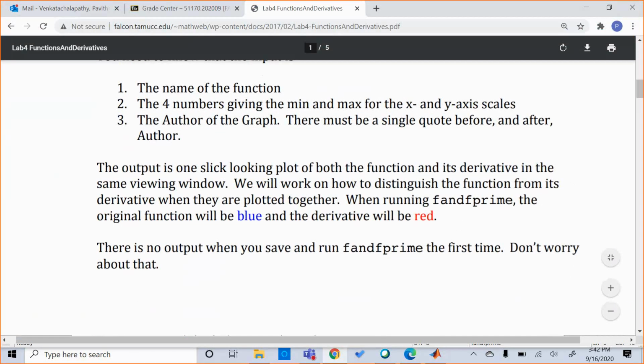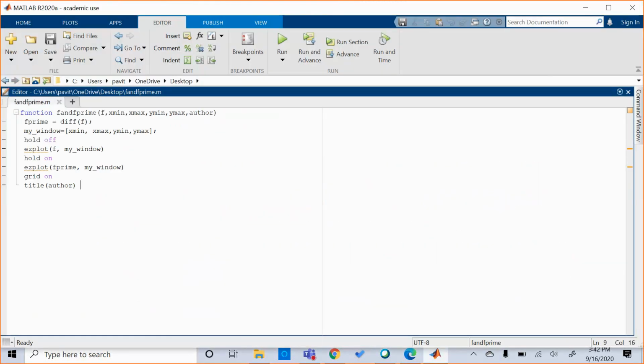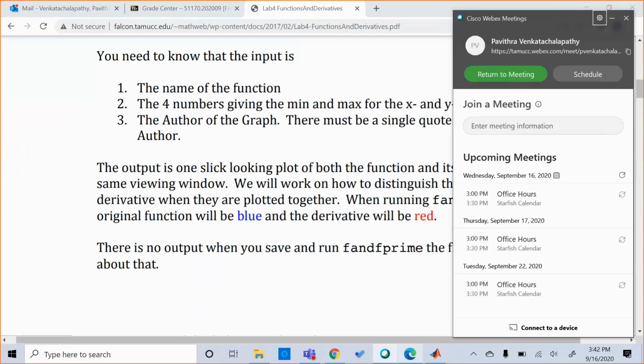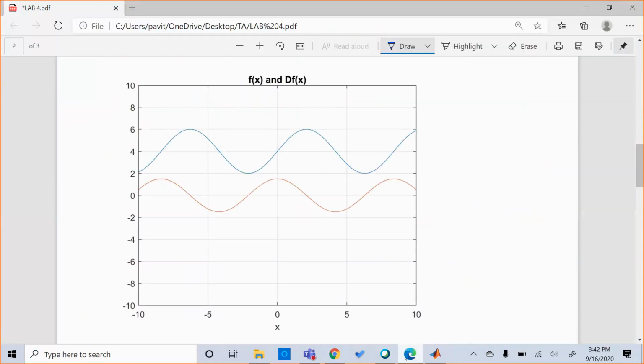Okay. So this is your f of x, and this will be your differentiation of f of x, which is nothing but f prime.